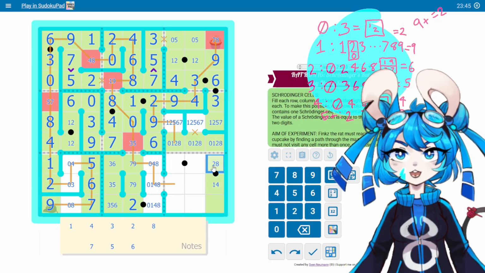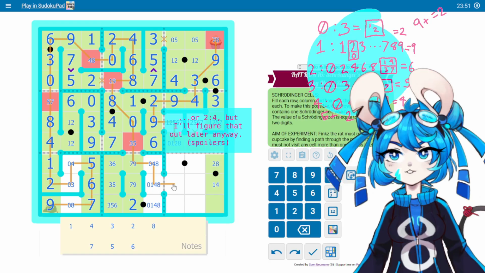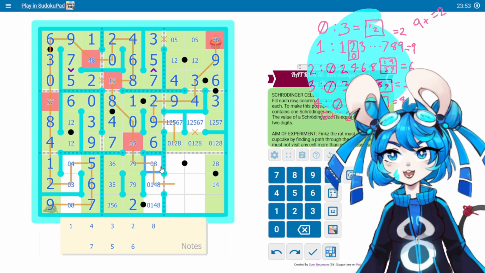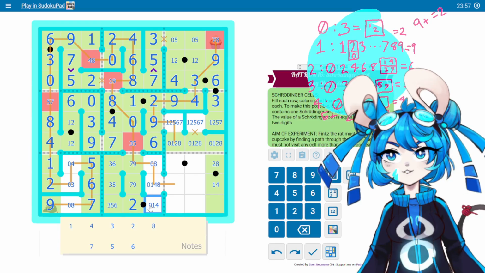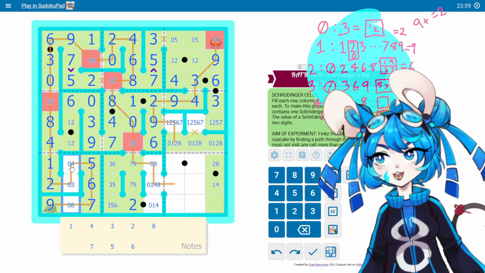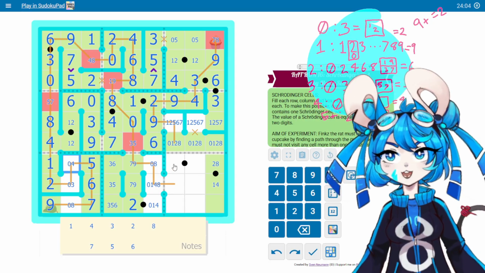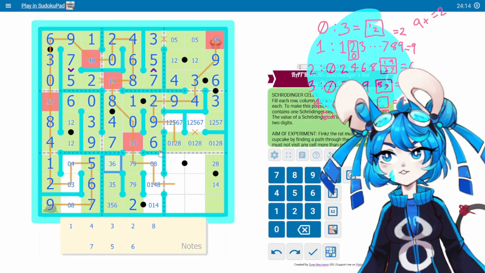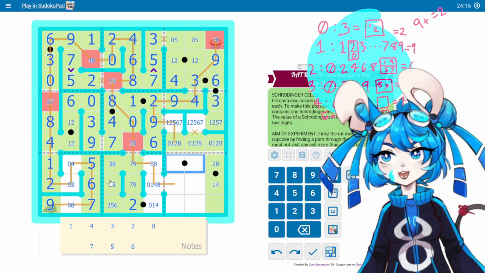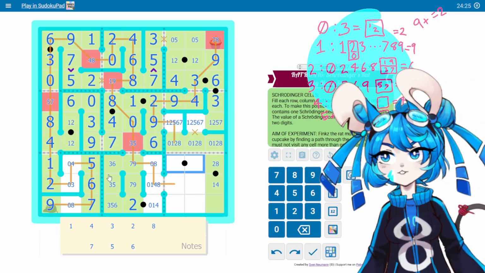So it's either 1, 2, or 4, 8. Actually, yeah, this 4 sees this 4, and this 8 sees this 8, even though they're not fully filled in. One of them is just next to a 0. This cannot be 3, 6, but it can also be a Schrodinger cell, which leads to some other shenanigans.